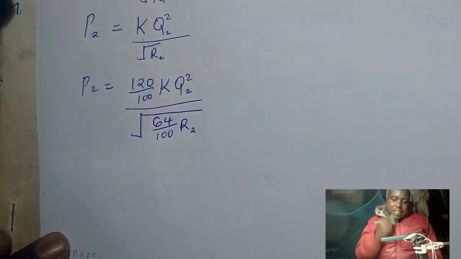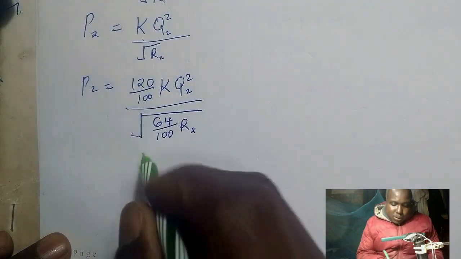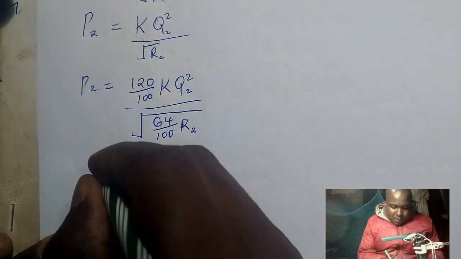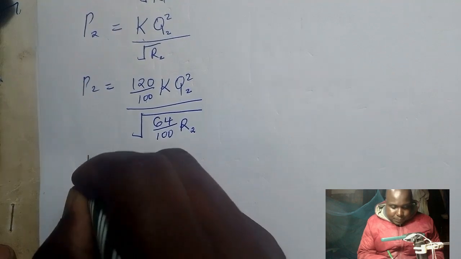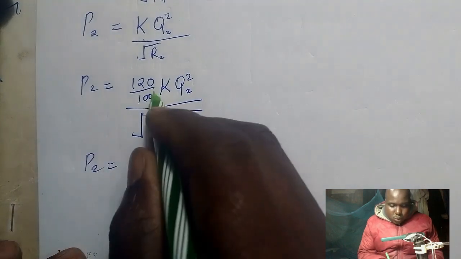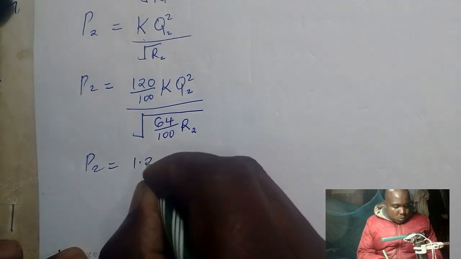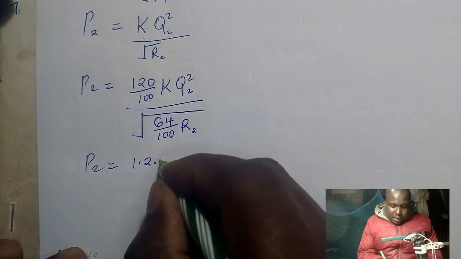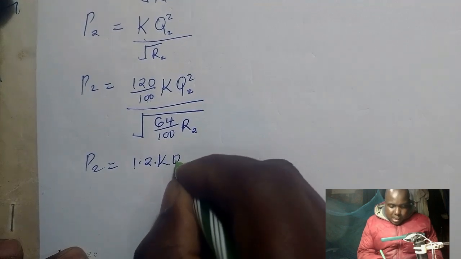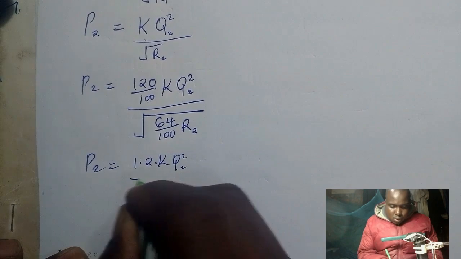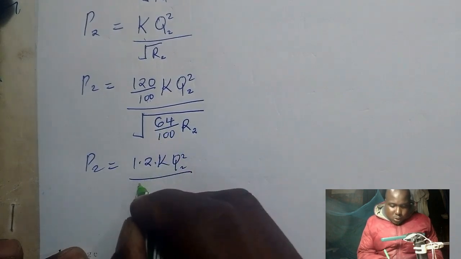So next, let's divide by this. So we are going to have P2 equal to 1.2 times K Q2 squared over the square root of this, which is going to be 0.8.